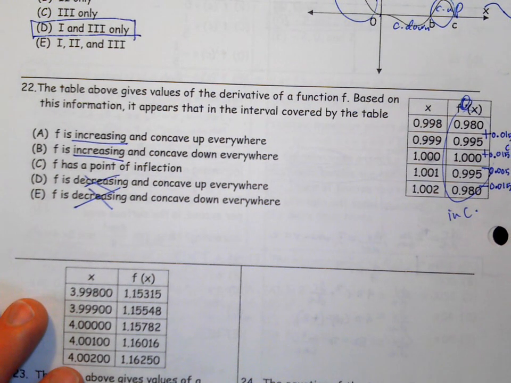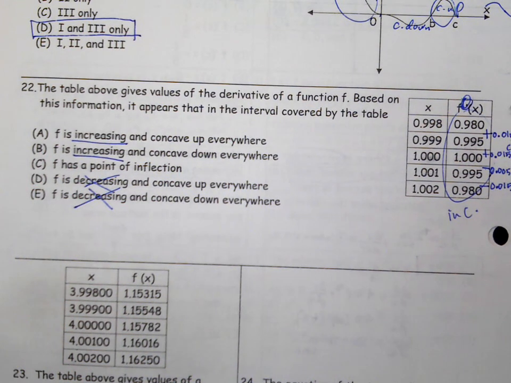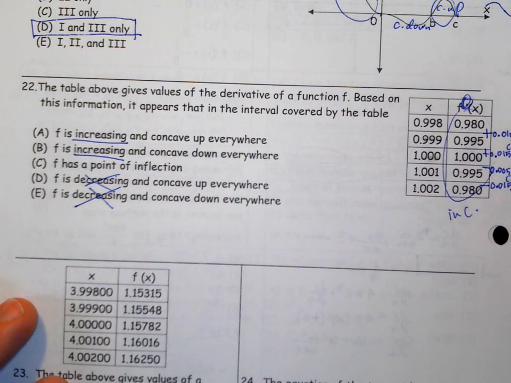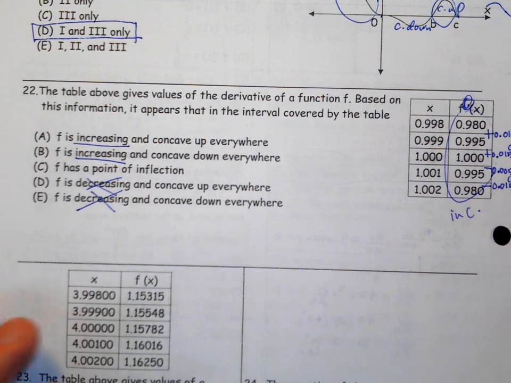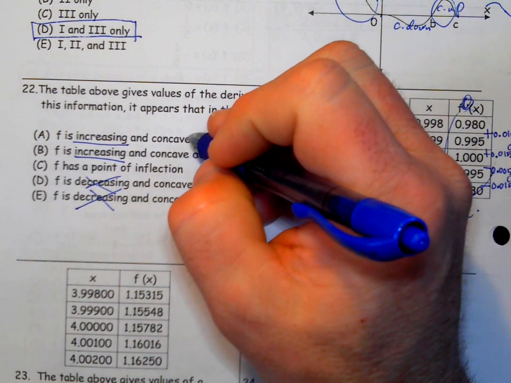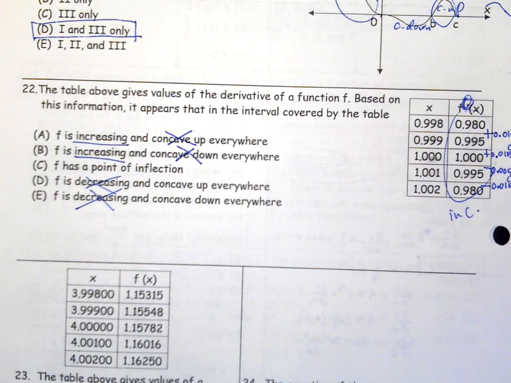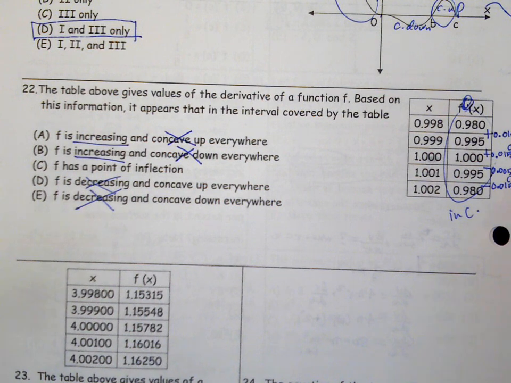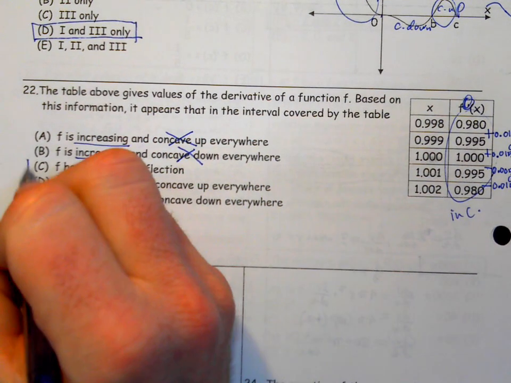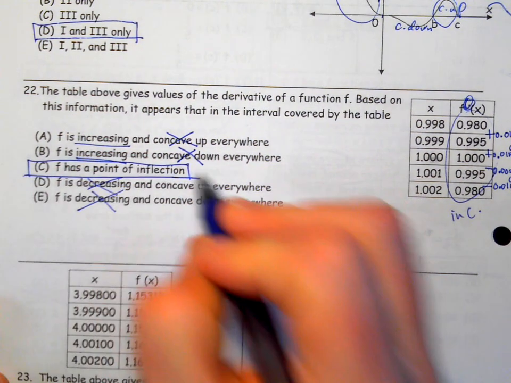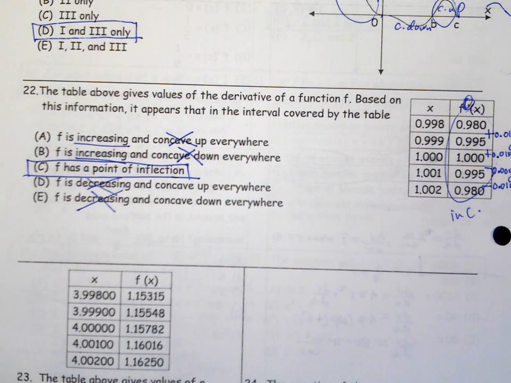So I would say this is like concave up because the derivative is increasing. The derivative of the first derivative is positive, and this is concave down. So I don't think it's for sure not concave up everywhere or concave down everywhere. So those are out. It must have an inflection point if concavity changes. So I guess we're down to C, right? We eliminated all those others.